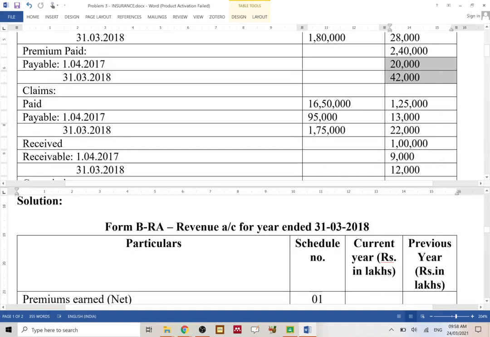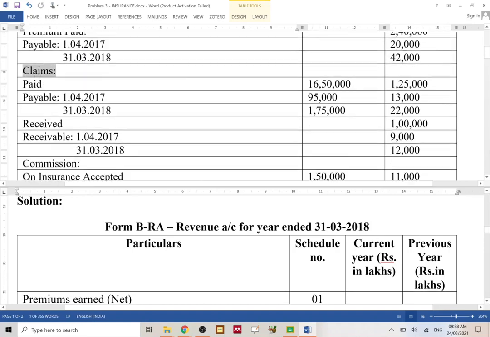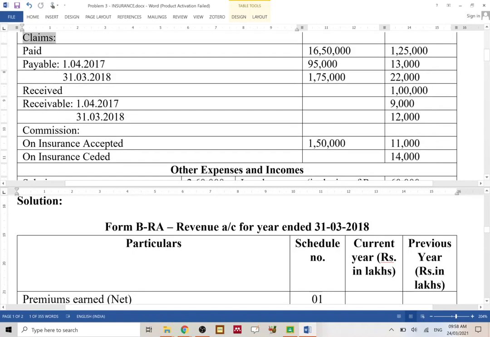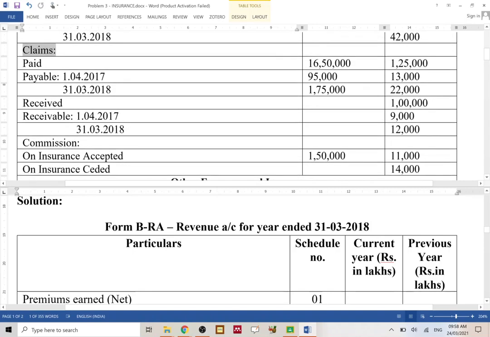Same way, we have other items like claims and commission given to us in a similar format. Claims paid are the actual expenses on direct business and on reinsurance accepted. Same way received: an insurance business can receive claims only when it has ceded the reinsurance business.